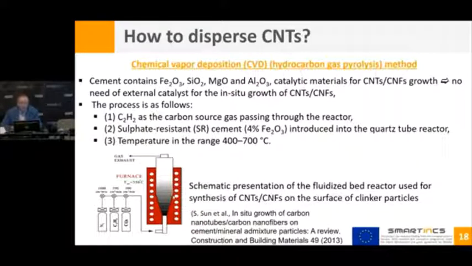Then at that point, because of the high temperature, as you can see, the system works in the range between 400 and 700 degrees. There will be the cracking of the hydrocarbon, so the acetylene, and the carbon atoms will grow directly onto the cement grains or the supplementary cementitious material. And in this case, they made the carbon nanotubes grow onto a sulfate-resistant cement.